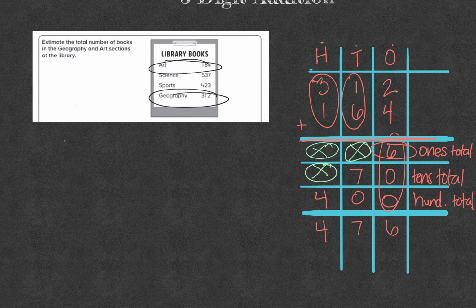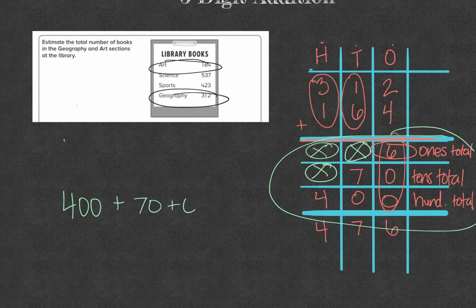But what we really want them to see is that when we have this stacked method right here, we want them to make the connection to module 1 where we talked about expanded form for place value. So we want them to see that this is the same as saying 400 plus 70 plus 6 equals 476.